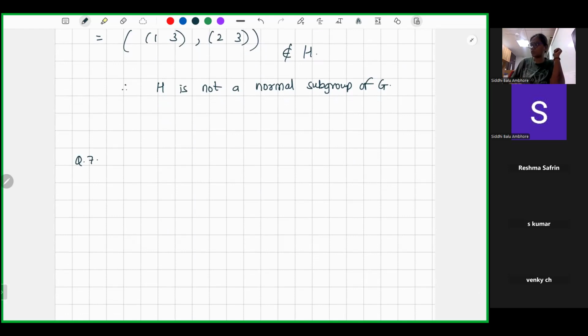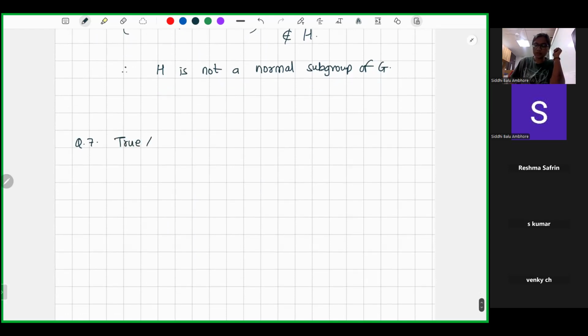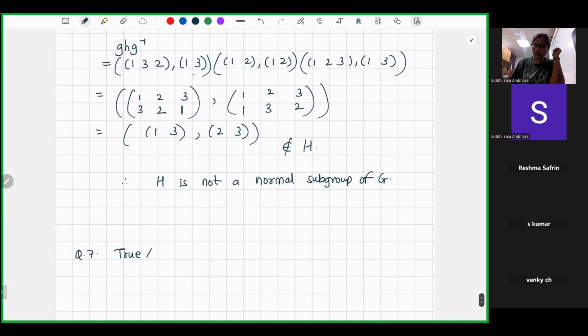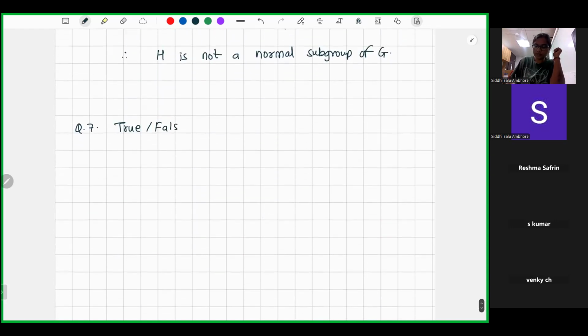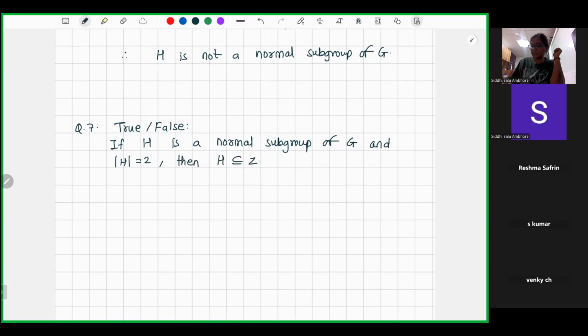Now we are moving to question 7. And again, this is false. This is not a normal subgroup. And now again, this is true or false. If H is a normal subgroup of G, and the cardinality of H is 2, or the order of H is 2, then they are saying that H is contained in Z(G).